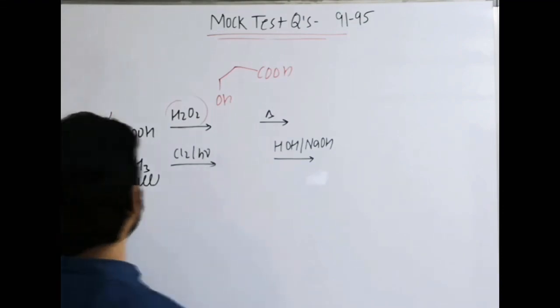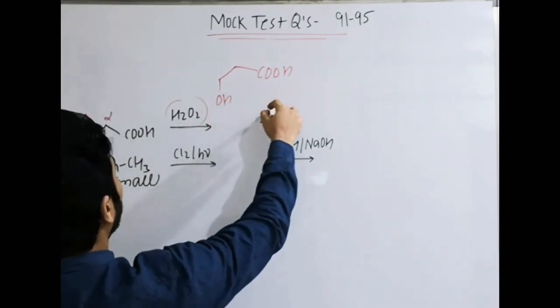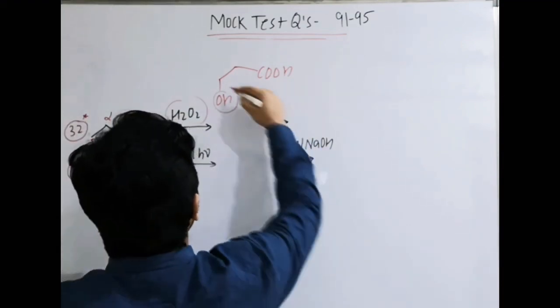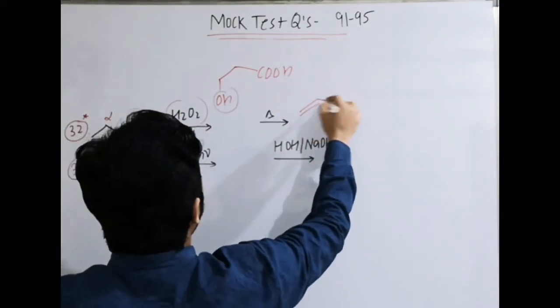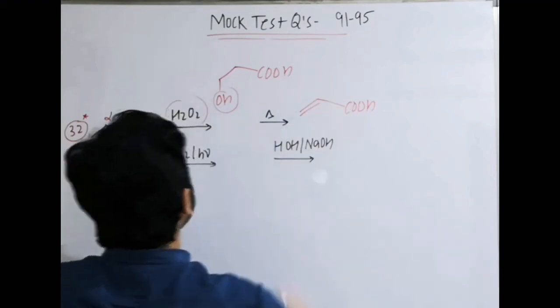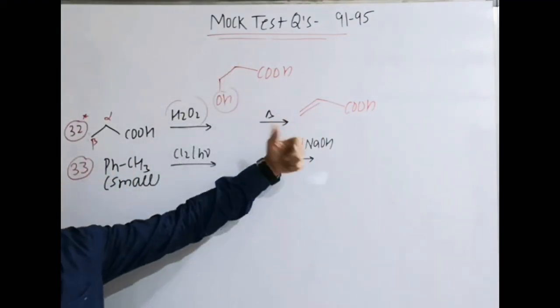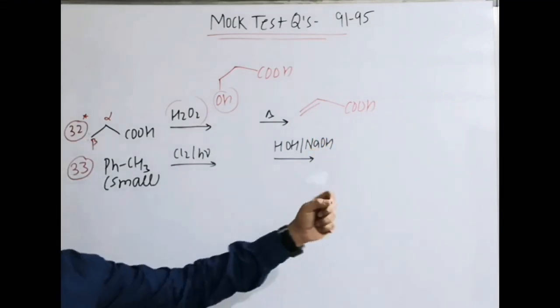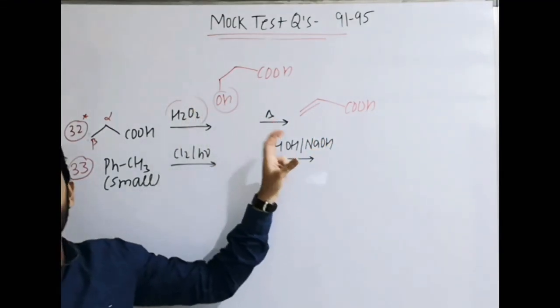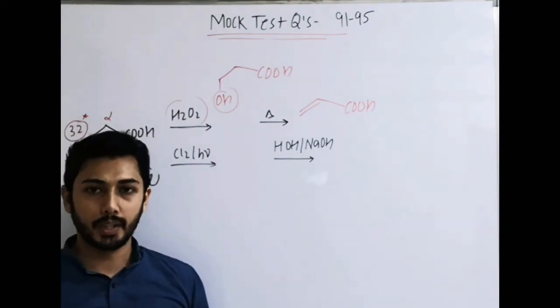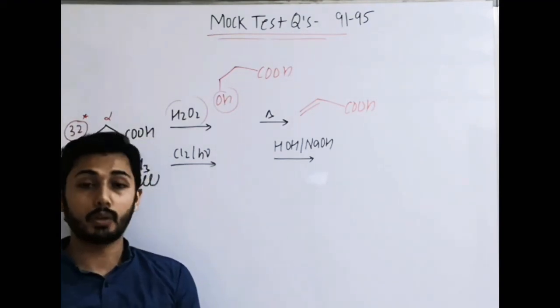Hydroxylation takes place at the beta position, and then on heating the beta hydroxy acid results in alkene formation, H2O released. So that is again information based, not important, but given as a new reaction, and that is given also in the books in the extra information you can take, because all extra information we cannot cover.